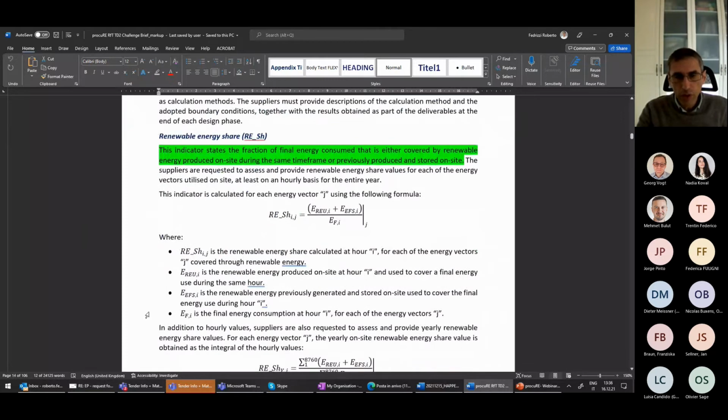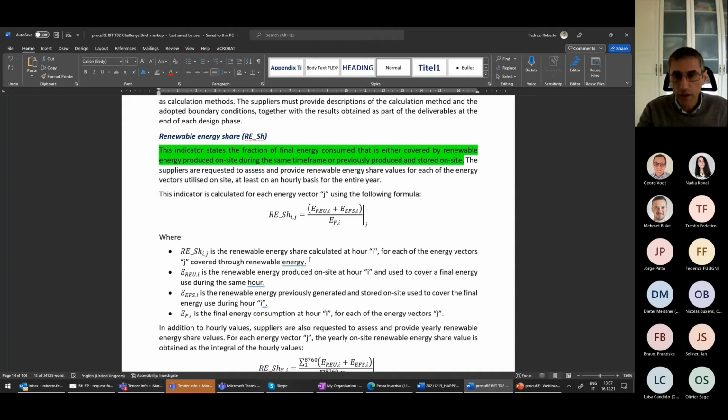Starting from those, what we would like to understand, and that is the most interesting and important indicator for us, is the renewable energy share, which is, again, for each hour of the day and for each energy vector, I and J, how much renewable energy is directly produced and used on site, how much energy is stored and then used on site, as compared to the final energy of the building itself.